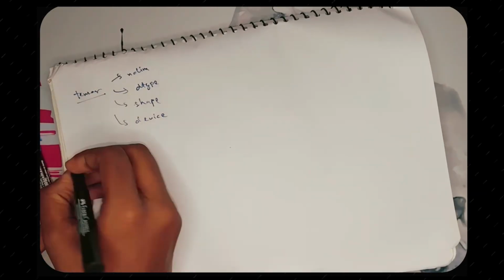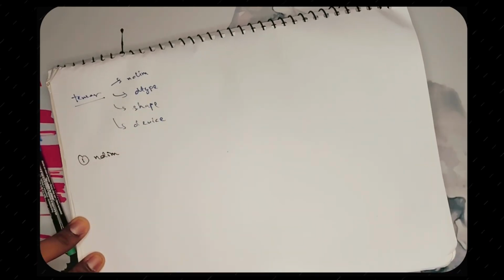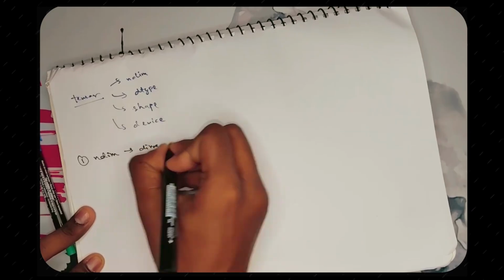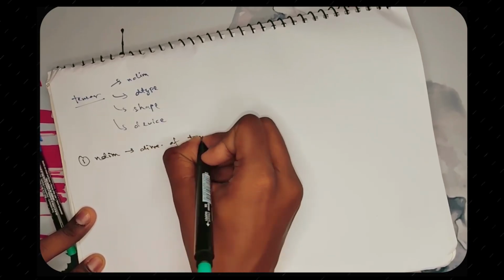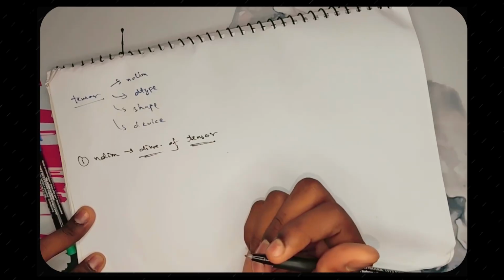Let's talk about each of these aspects. At the very first, we have ndim. This ndim tells us how many dimensions our tensor has.